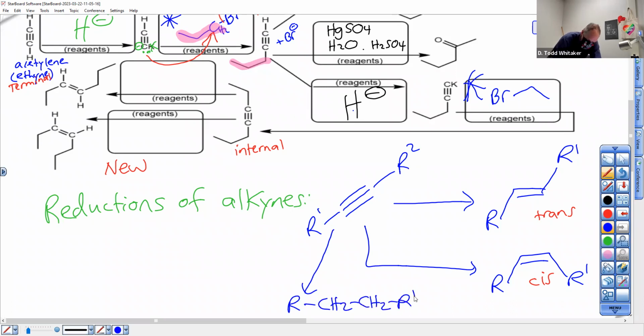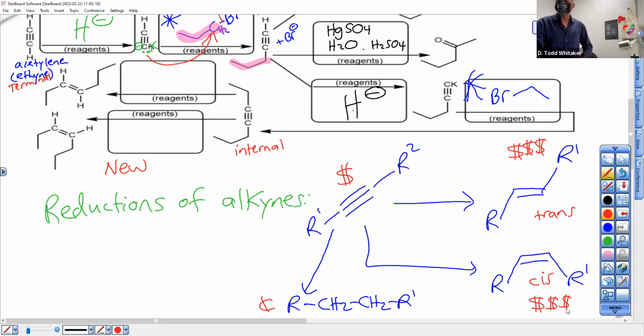Oh man, that's a money-losing reaction. What do I mean? You took something valuable and made it into something less valuable. I really like the dollar sign here. Double bonds with geometry are very valuable. That's what I'm trying to say with $3. Alkynes that are internal are fairly valuable.